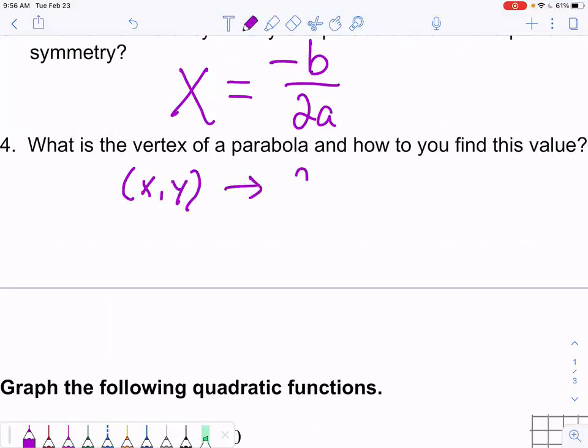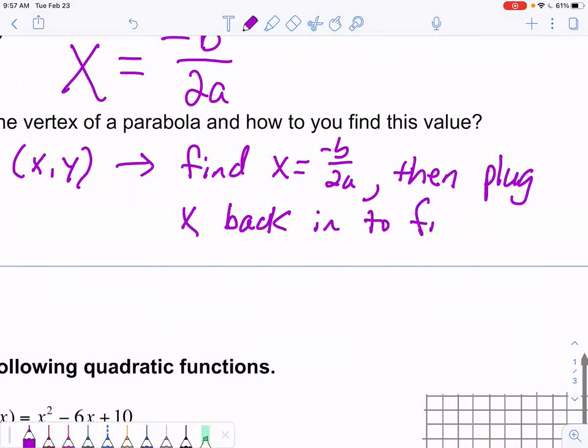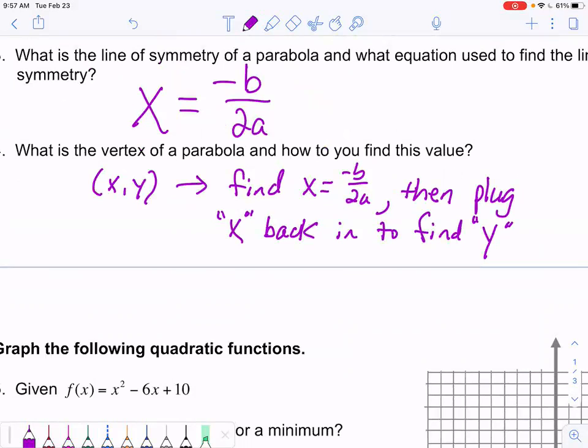What you do is you find x, then plug x back in to find y. That's it. All right, you guys should be good on the graphing, correct?